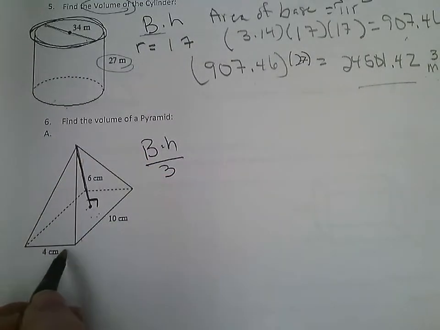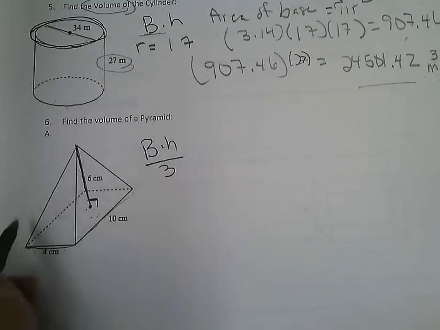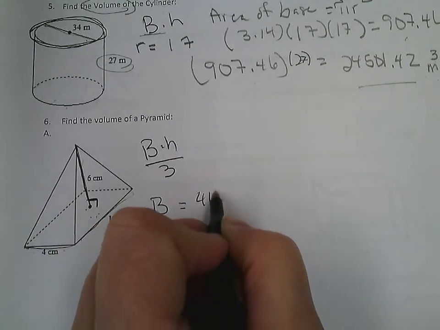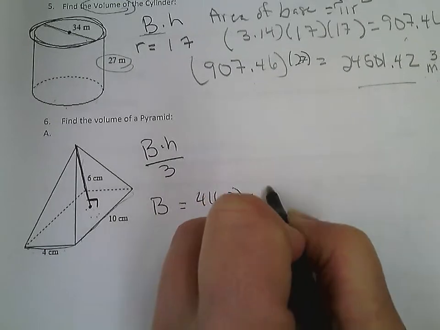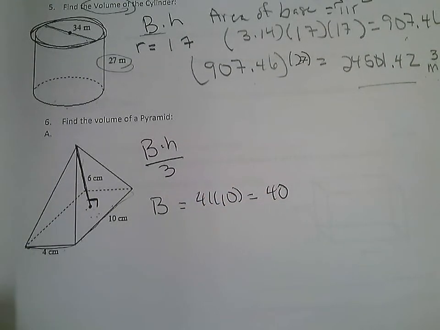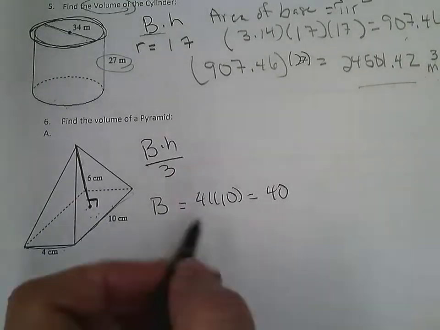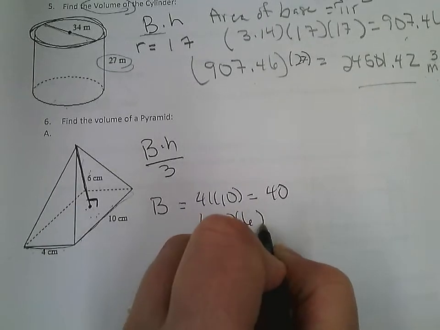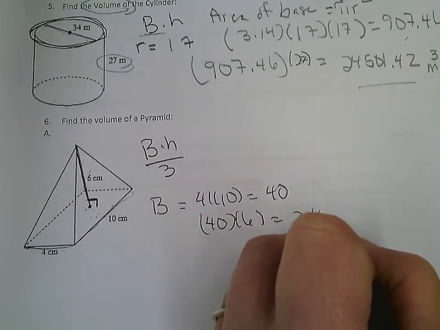So if we find our base, which is right here, the area of the base is 4 times 10, which gives us 40. And we're going to just multiply that by our height, which is 6. 40 times 6 gives us 240.